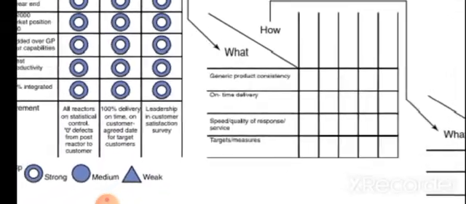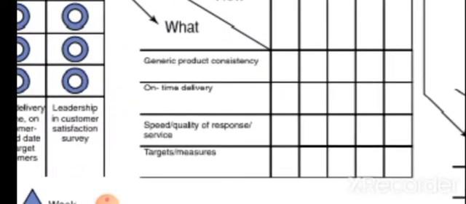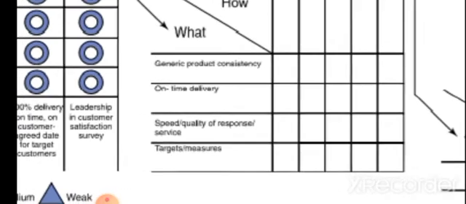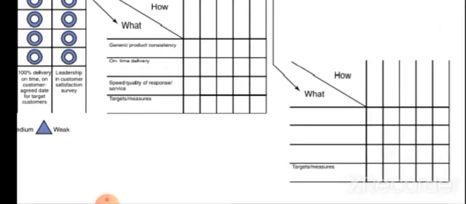So, mao ni ang imo na pong i-identify ang how aning kaning tulo, genetic product consistency, on-time delivery, speed, quality response, and target measures. Imo na po nang i-identify ang isang how so that ang imong how mahimo na pong what diri ang dapita, and so on until you will derive or you will end up with specific individual task, no?